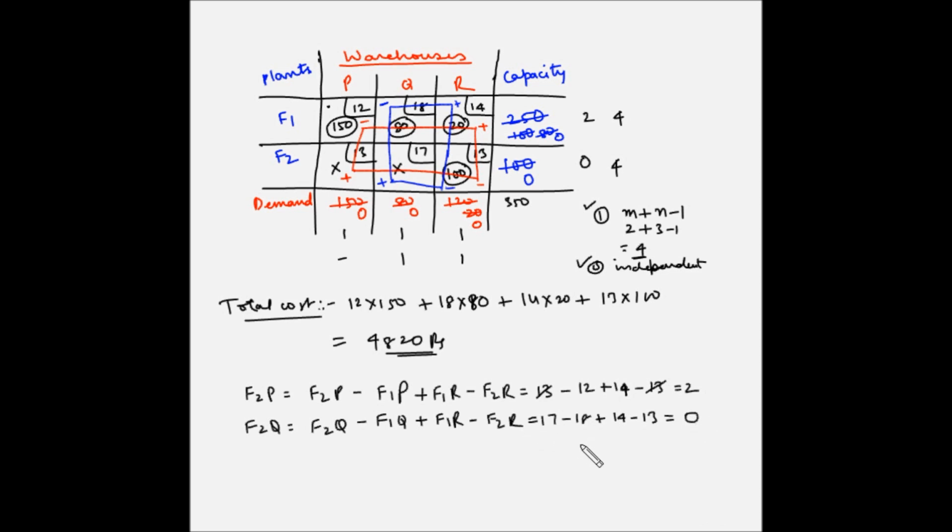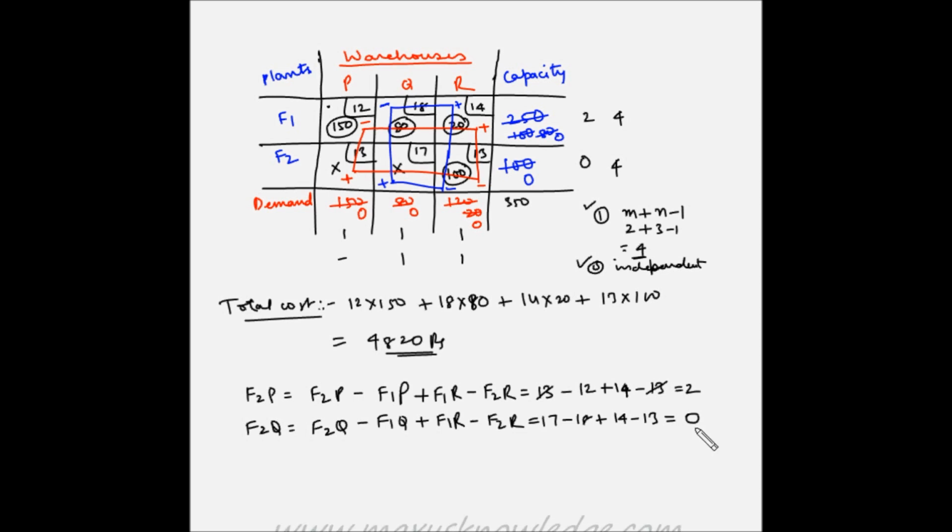Now the next step is to evaluate the solution for optimality by observing the sign of the net cost change. If there is any net cost change value which has a negative value, then it means that there is a potential for improving the total cost by making allocations to that square. But here we don't have any negative values, which means that the solution that we had is an optimal solution. However, we have a value of 0 for one of the squares.